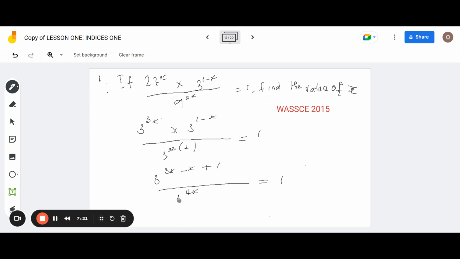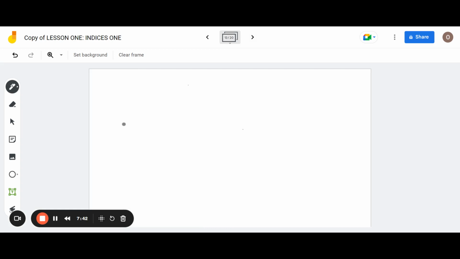Then 3x minus x is 2x, so this will give us 3 raised to the power 2x plus 1 over 3 raised to the power 4x equal to 1. Then let's go to the next page to continue. So it's going to give us 3 raised to the power 2x plus 1 over 3 raised to the power 4x is equal to 1 over 1.